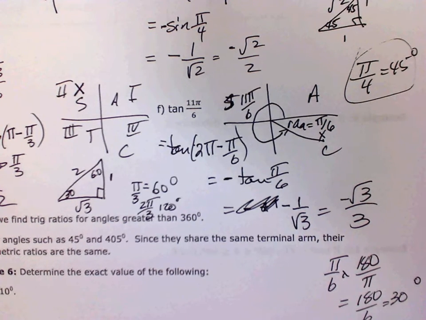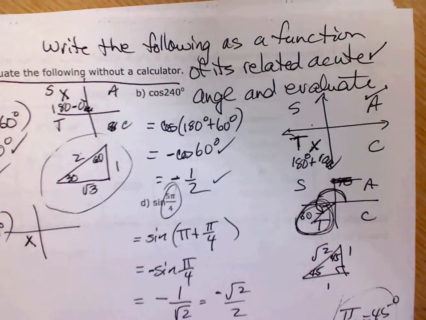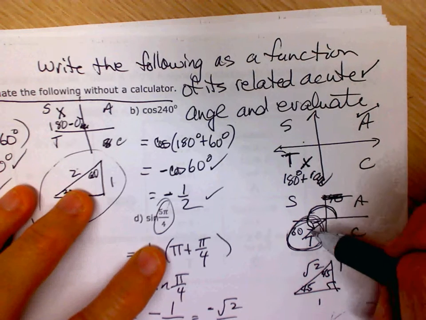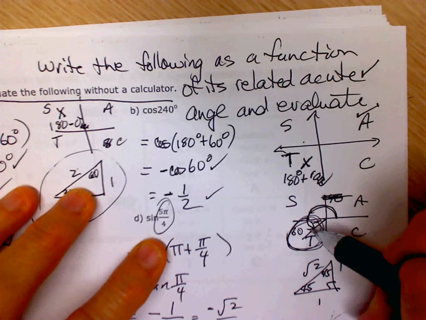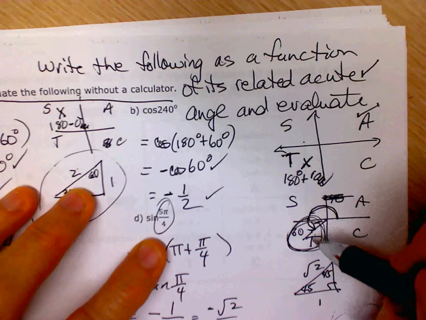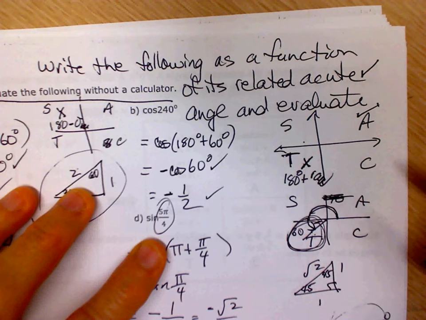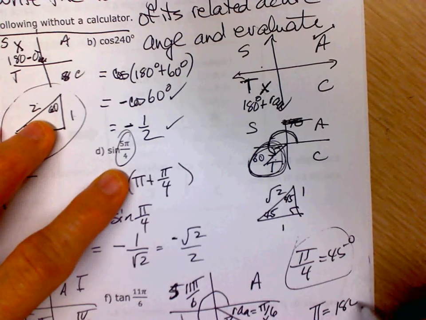Well, 4 pi by 4 is 180 degrees plus a quarter pi. It's in this quadrant. Well, pi equals 180 degrees. And then 4 pi by 4 equals, because they divide out, right?